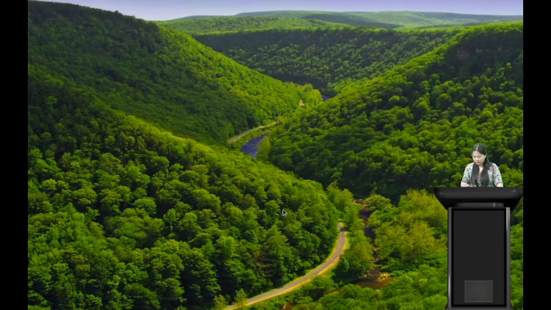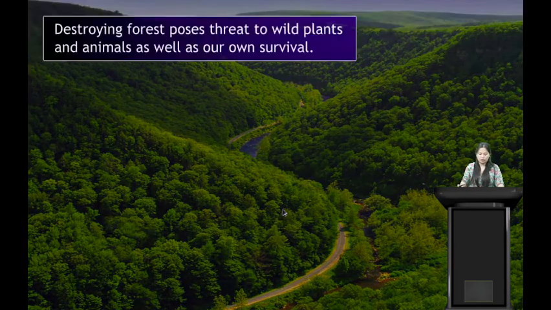Alright students, so let us see. Destroying forests poses a threat to wild plants and animals as well as our survival. If we destroy the forest, it poses a threat to plants and animals because there are different consequences of deforestation.